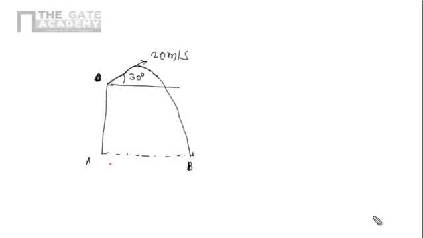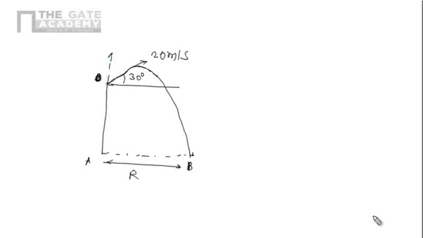I'm again drawing the diagram here. This one is point A, and this is the point B. We are projecting here at the speed of 20 meters per second. Here the angle is 30 degree, and this ball comes here, and now we are interested in this value.